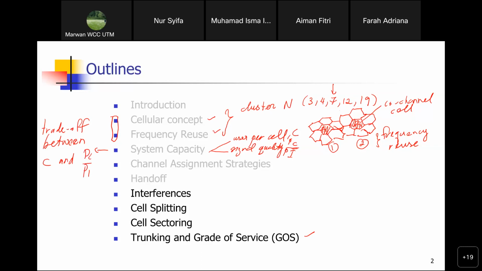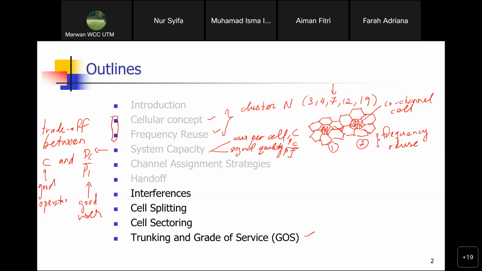One, the capacity, is good for the operator. The other is mainly good for the user. One good for user, one good for operator.